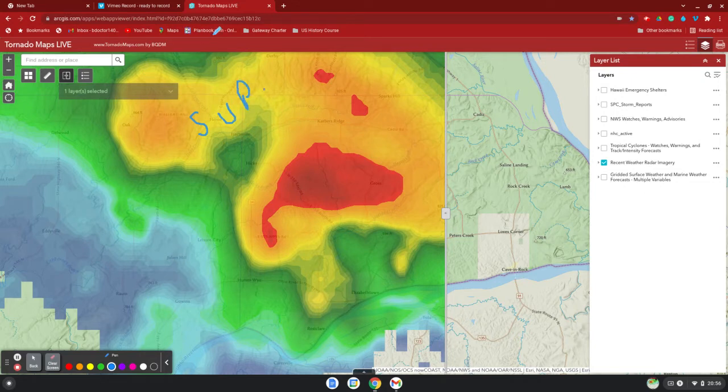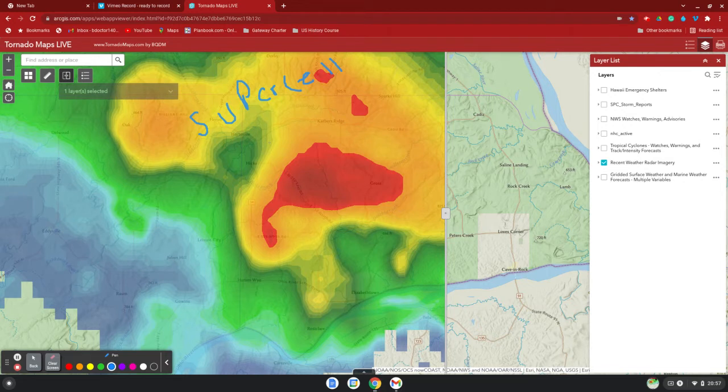There are three types of cells in regards to severe weather. You have your supercell, you have your multicell, and then you have your single cell. In order of severity, your single cells are your routine thunderstorms.